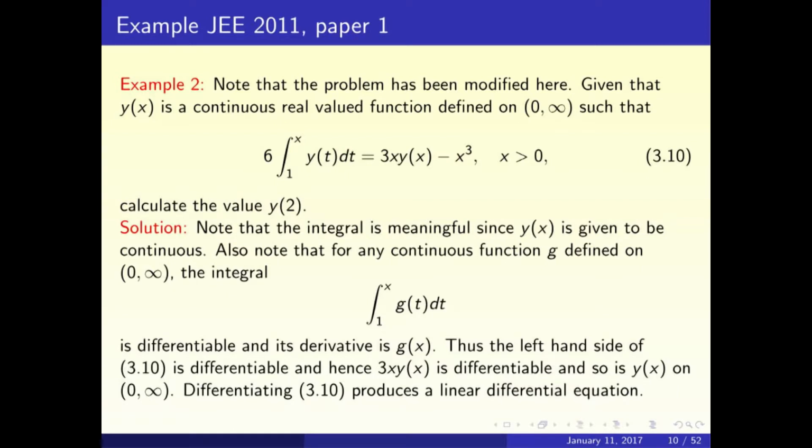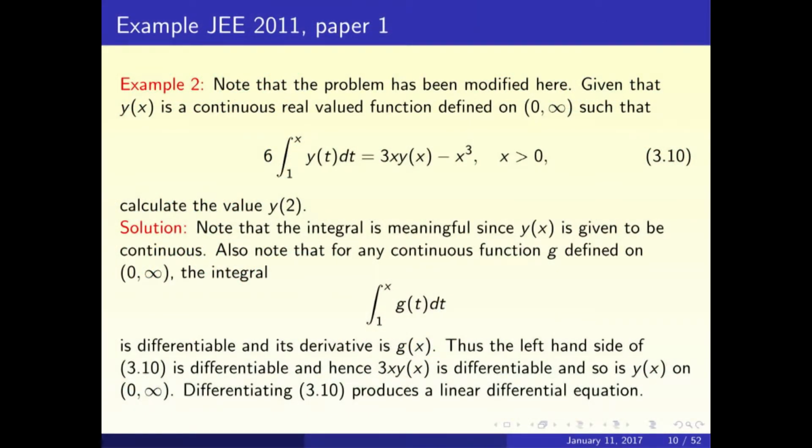And the x cube term on the right hand side is obviously differentiable. So the first term 3x y(x) is differentiable. Therefore, y of x is also differentiable. There is no problem. So you don't have to say in the hypothesis that y(x) is differentiable. It is enough to say that y of x is continuous, because equation 3.10 would force y to be differentiable.